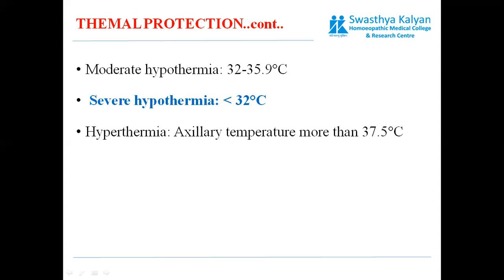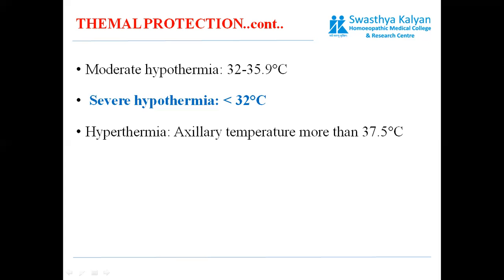Then moderate hypothermia, when the temperature lies between 32 to 35.9 degrees centigrade. Then severe hypothermia, when the temperature is less than 32 degrees centigrade. And hyperthermia is an axillary temperature more than 37.5 degrees centigrade.